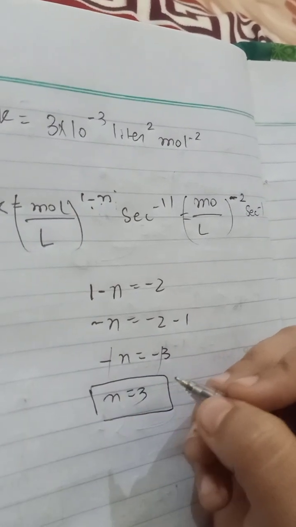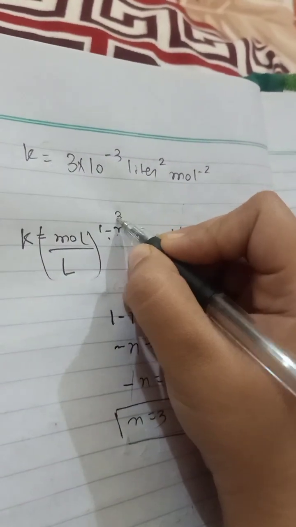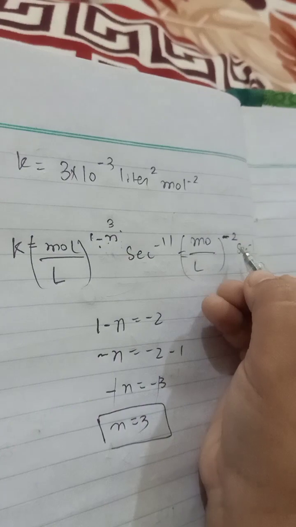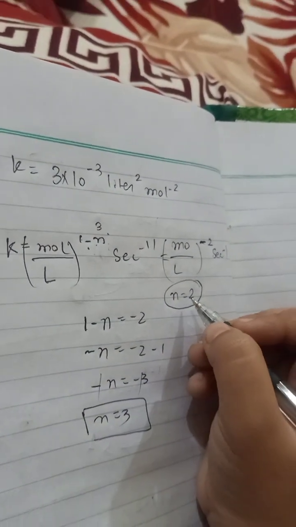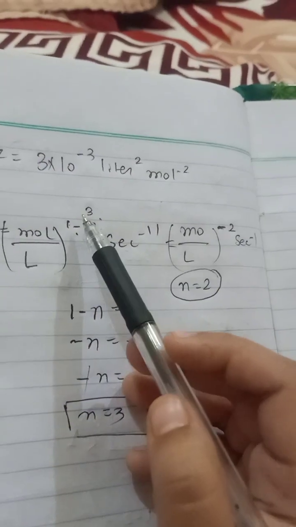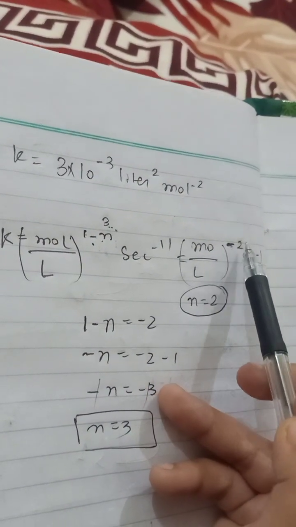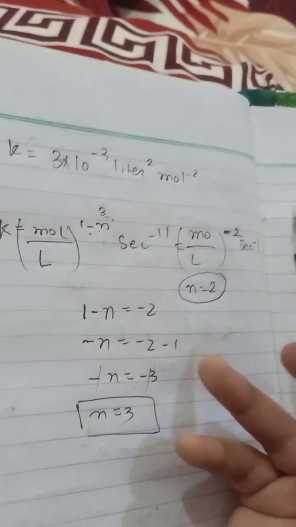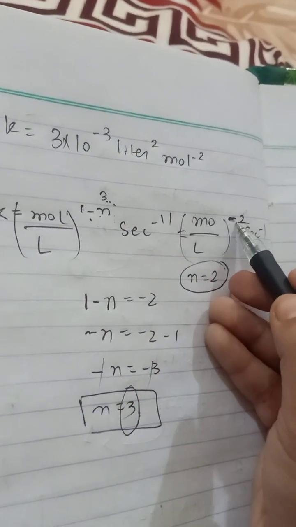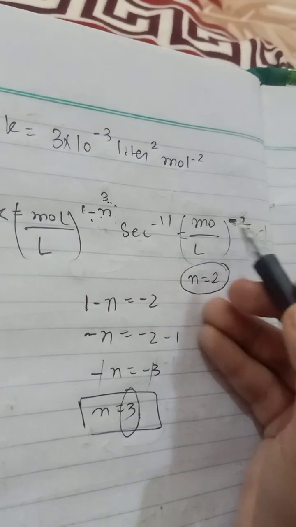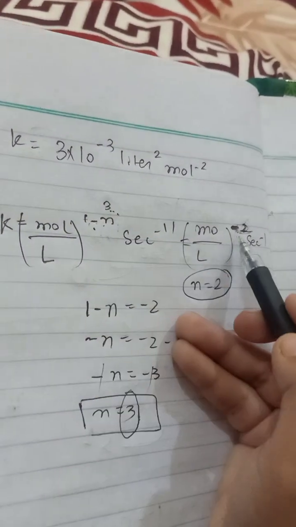So when we put 3 here, 1 minus 3 gives minus 2. Here you can see that if we put minus 2, then n will be equal to 3, then the answer will be minus 2. 1 minus 3 is minus 2.